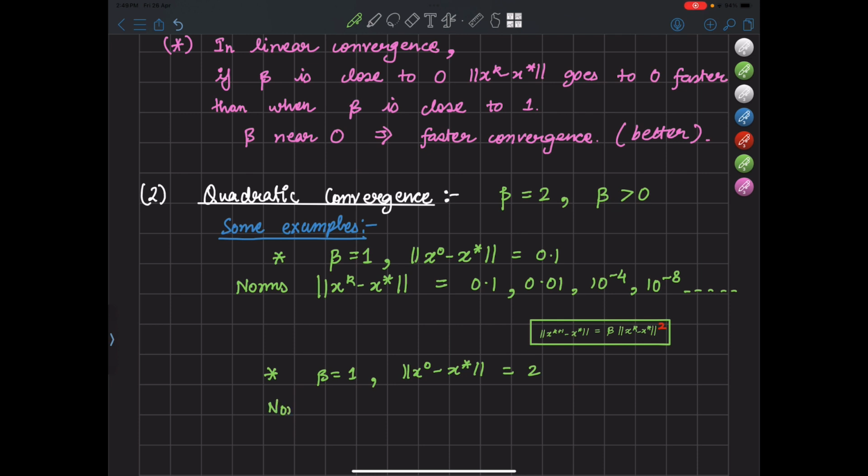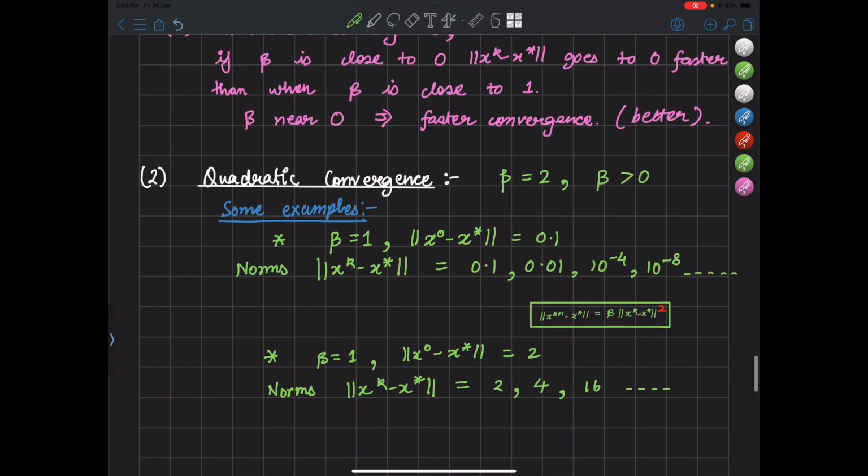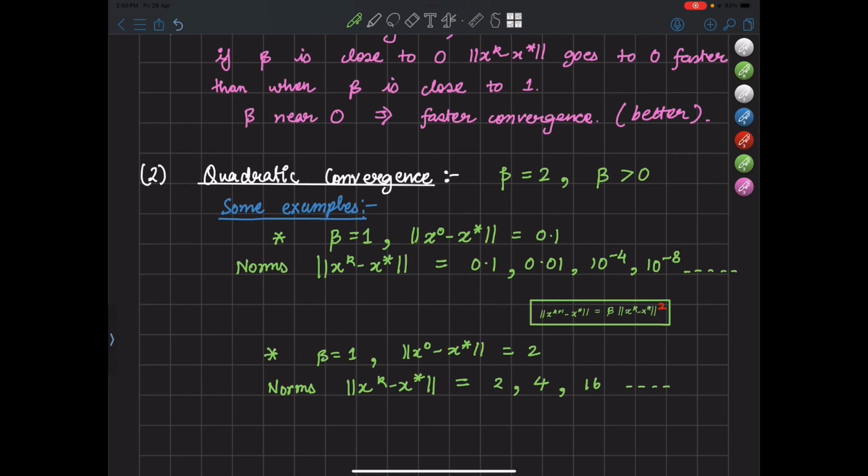Initial condition is like that. Then how do the norms evolve over each iteration? The first error will be 2. What will be the second error? It will be 4, then 16, and it will go on. So basically you can see that the norms are diverging. xk is getting farther and farther from x star.